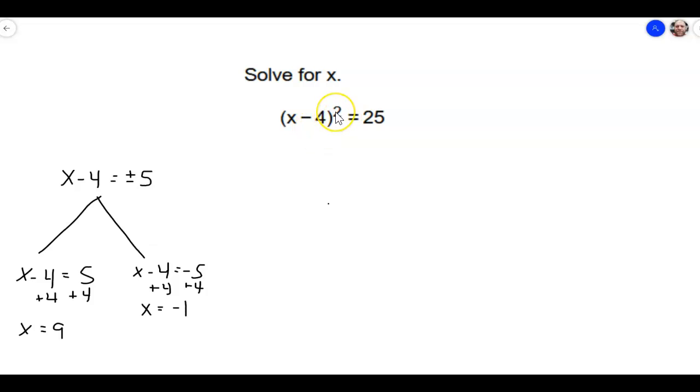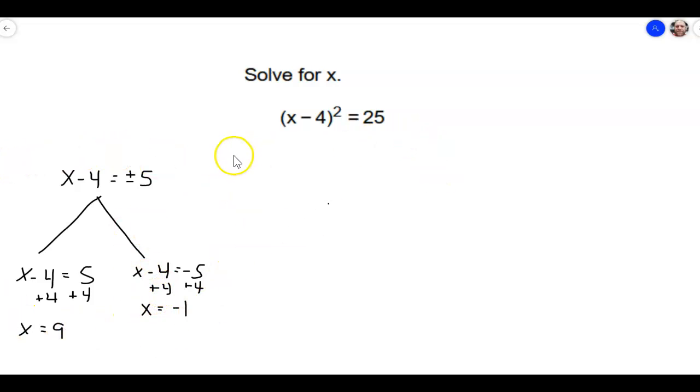Negative 5 squared is 25, and 25 is equal to 25. So this solution works as well. Both of these are the two solutions for this equation. So this process does work. We just have to remember to put both the positive and the negative 5 here when we take the square root of a constant. This method does work just fine.